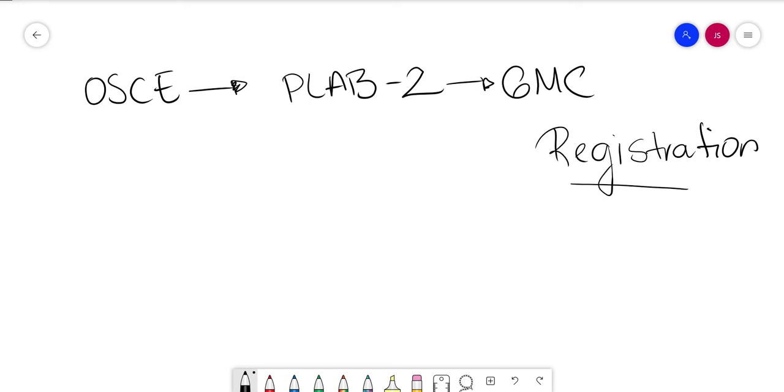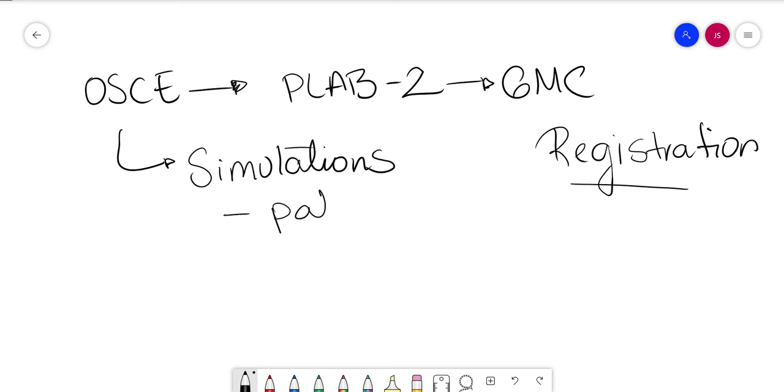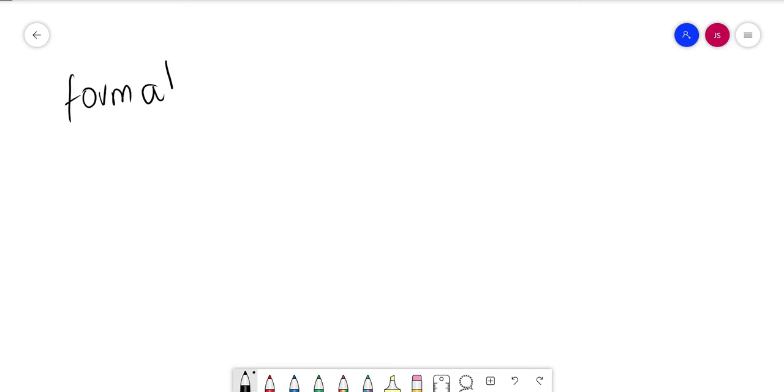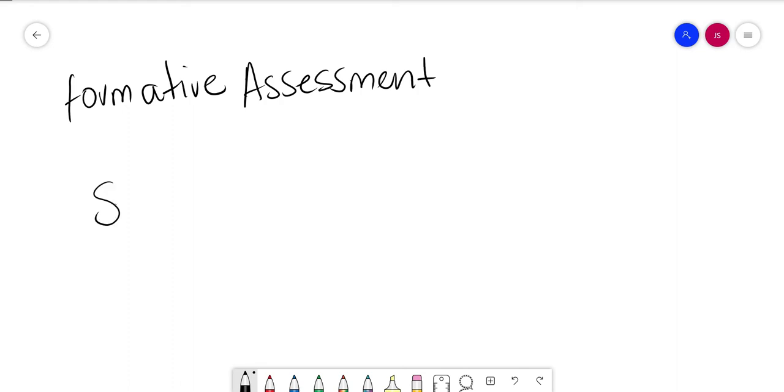Now OSCEs are generally a simulation of clinical scenarios, whether it's managing a patient, taking history, discussing something with a patient or a colleague, undertaking a procedure. OSCEs are widely used in formative assessment or summative assessment.